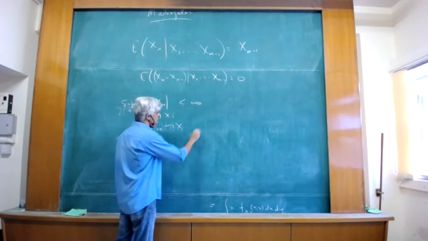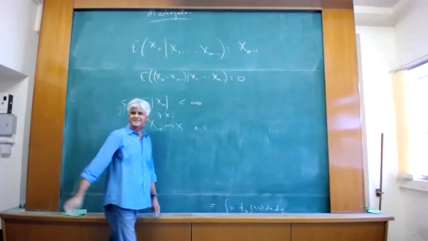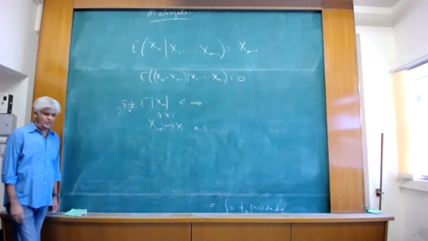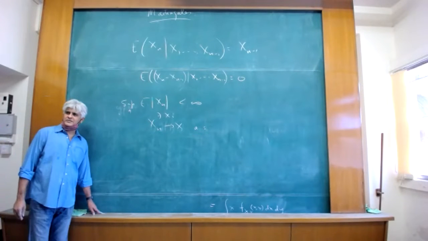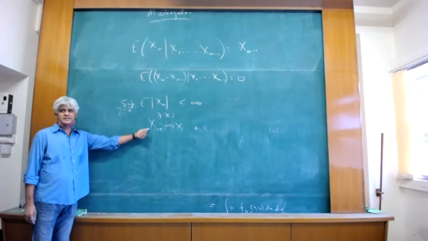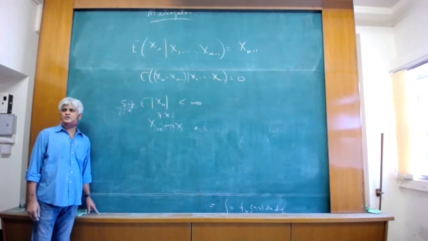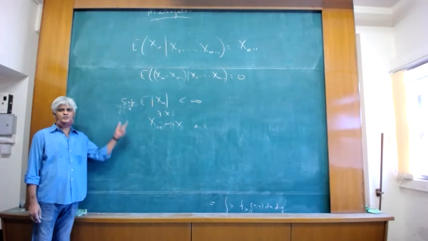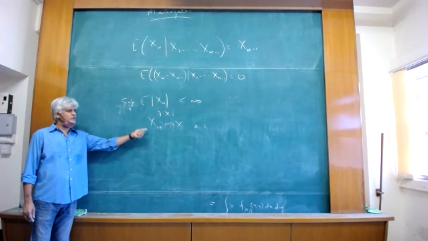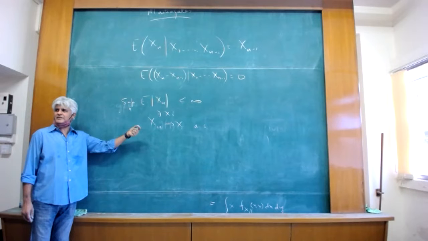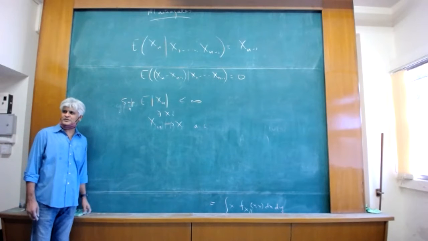It's an enormously remarkable result, how simple it is. With the sup condition, yes, you get this; this is not going to be true typically, but if it's true, there exists a random variable x, and x_n converges to x almost surely.